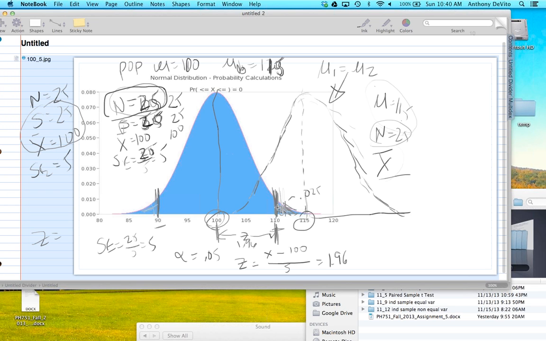So now, if these two populations really are different like this, let's look at it from the perspective of this other population. If I took a sample of size 25, what percentage of the time would I get a value that's less than that 110, the number that I need to reject the null hypothesis for this population to be the same as this population?